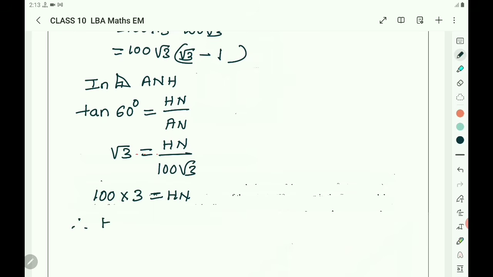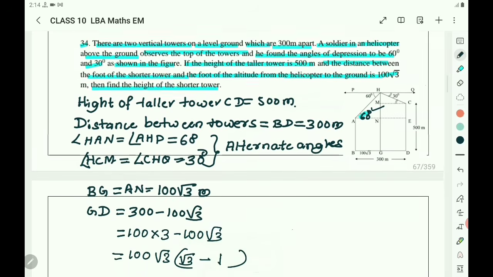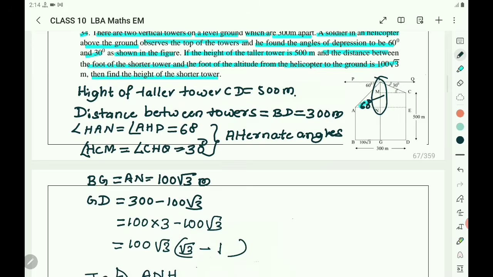Therefore you write HN equals 100 into 3, 300 meter. HN equals 300 meter. Here you got the value of HN.